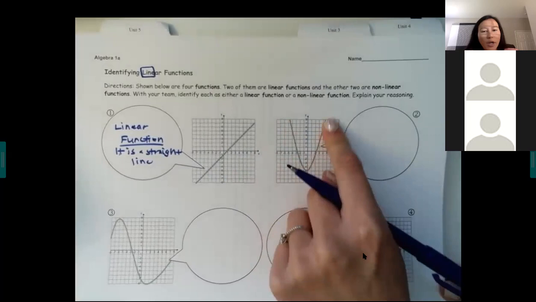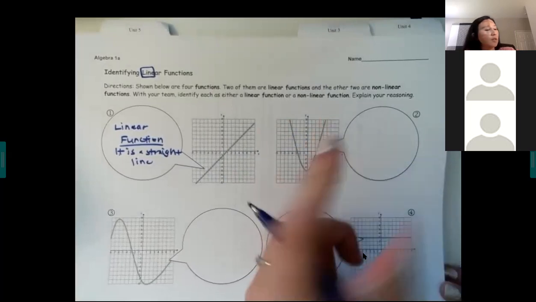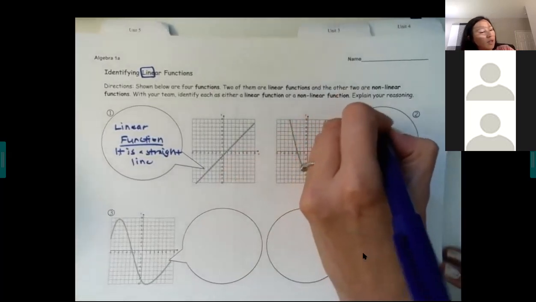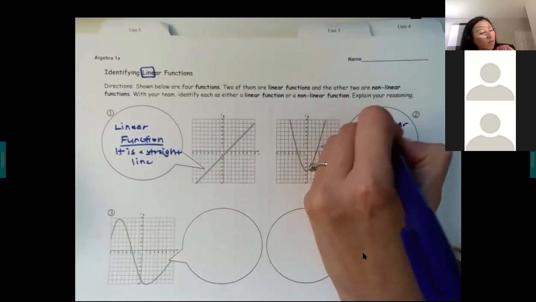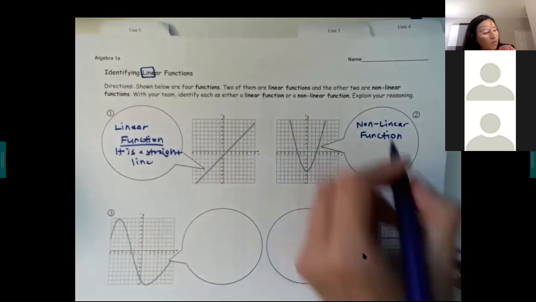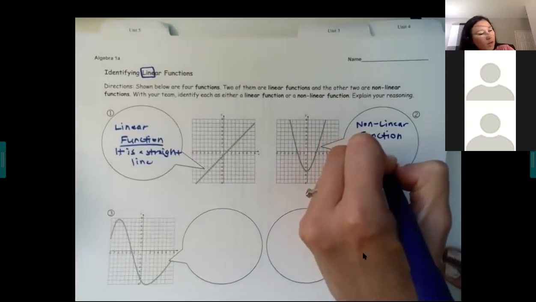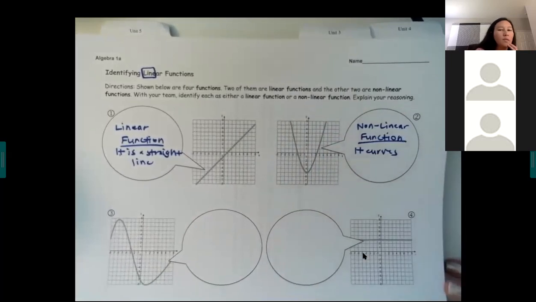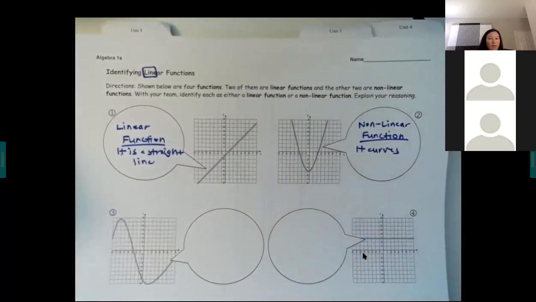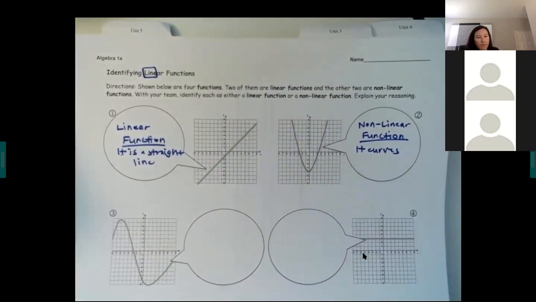Well, it curves. This is a parabola, so this would be a nonlinear function, because it curves. Any questions about why something is a linear function or nonlinear function?